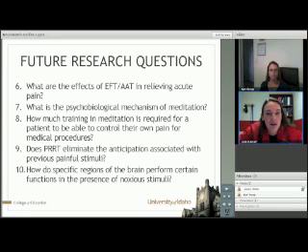Number 8, how much training in meditation is required for a patient to be able to control their own pain for medical procedures? How good do you need to be at meditation? Will pain draw an inexperienced patient out of meditation? And how effective is it? Does it depend on a patient's ability? Number 9, does PRRT eliminate the anticipation associated with previous painful stimuli?